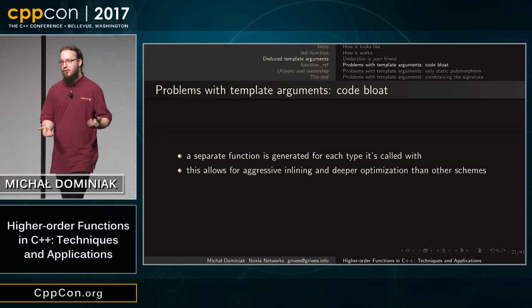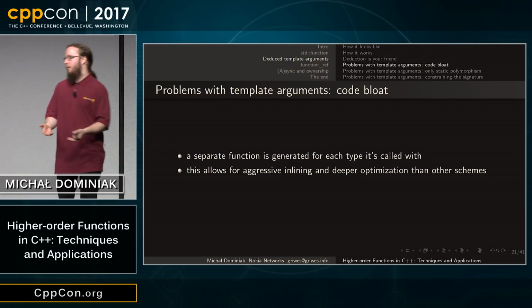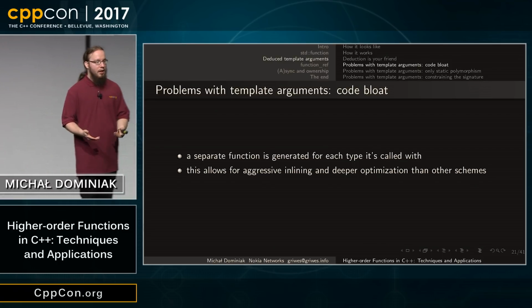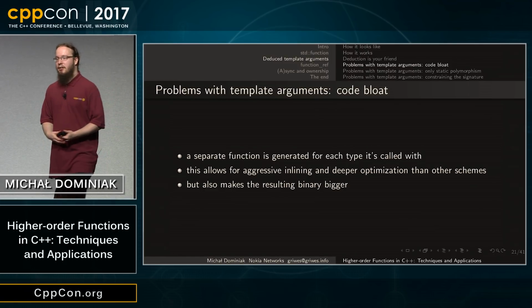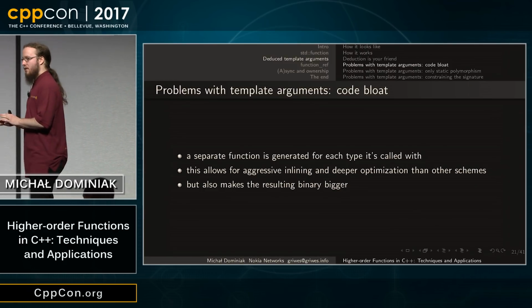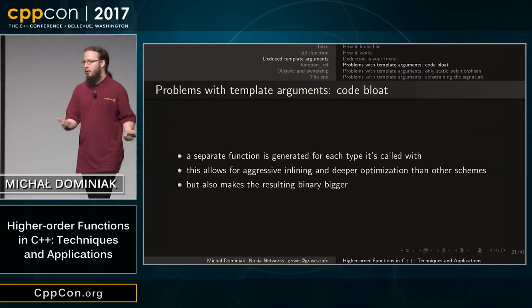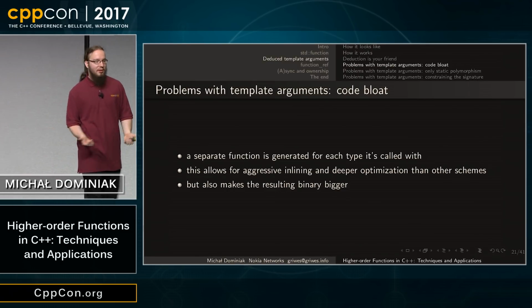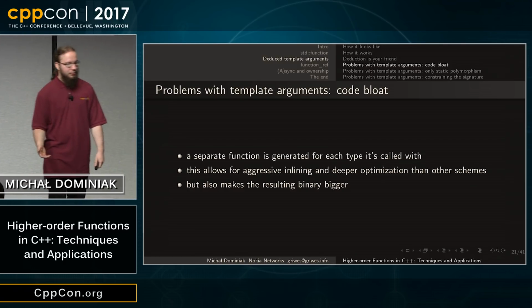This is why standard sort will often outperform qsort from C. But we pay for this by making the binary bigger. Often, this does not matter at all. But there are some environments where this is going to be a problem if you use this technique extensively.